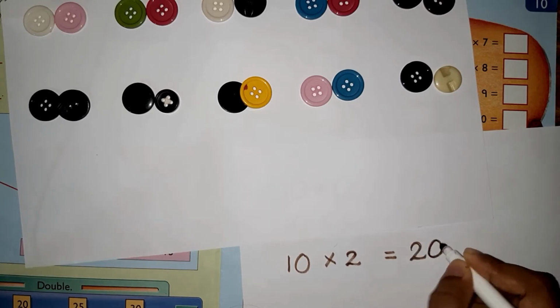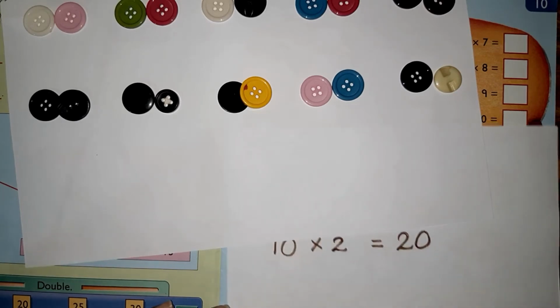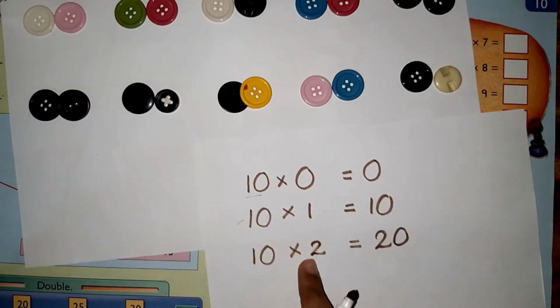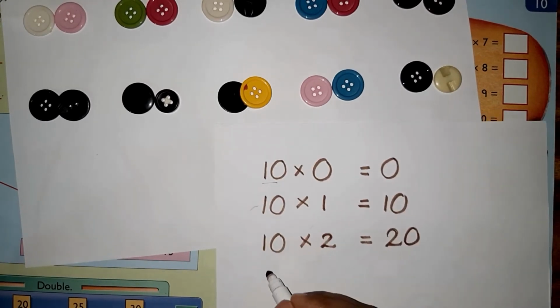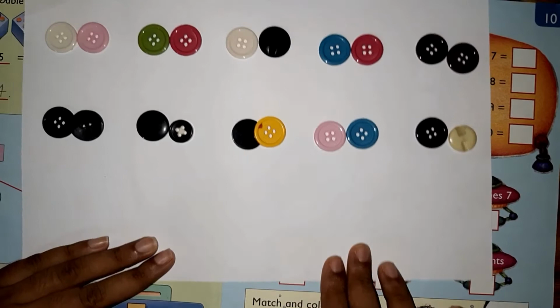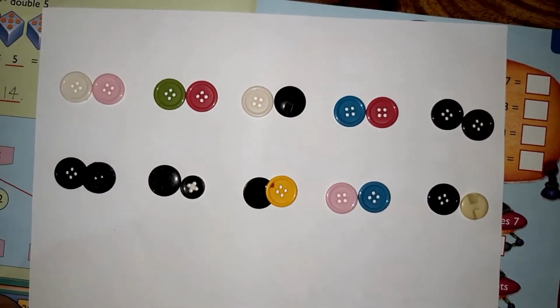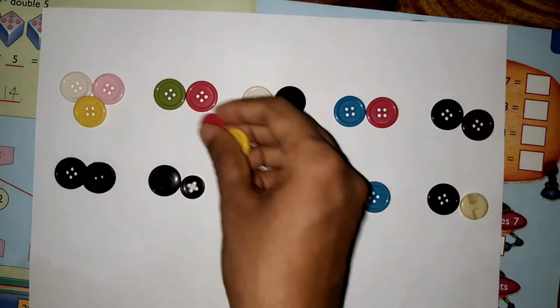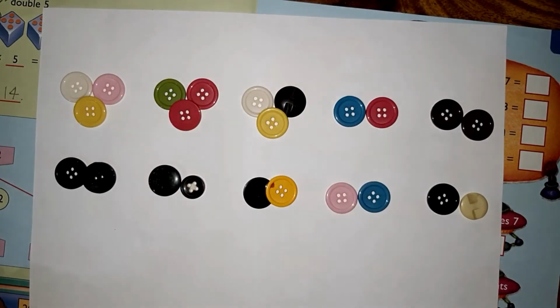Now we have counted from 0 to 2. Now it's time to count 3. 10 times 3. That means 10 sets with 3 objects in each part. Now I'm going to add another object to each set. Another button. You can see now 3 are there.